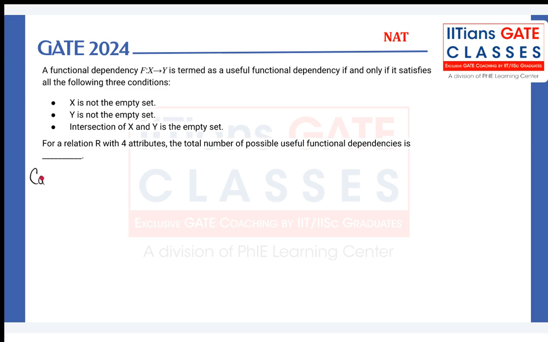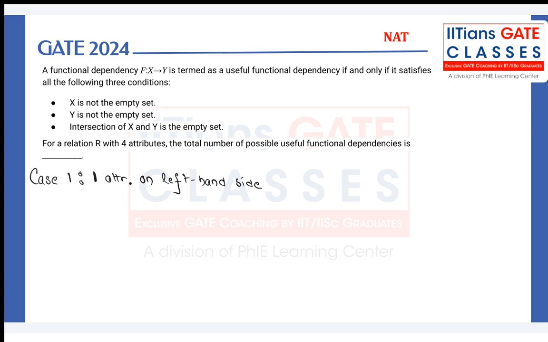Case one is that there is one attribute on the left hand side. Why did I write left hand side? I could write LHS. So there is one attribute on the left hand side. You have 4 attributes, and you can choose one of them on the left hand side.